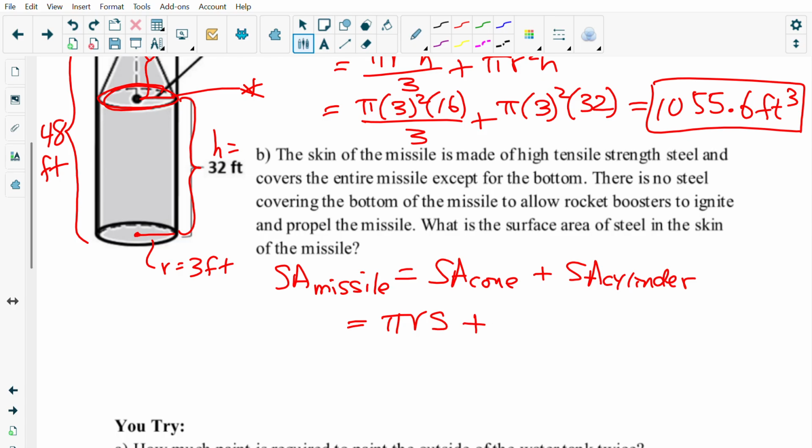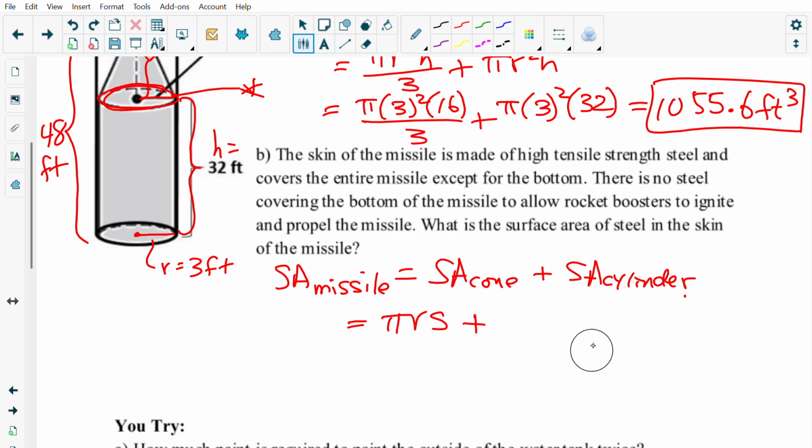And then the surface area of the cylinder. The top of the cylinder, same reason why we don't consider the bottom of the cone, we're not going to include that. Normally it's 2 pi r squared plus 2 pi r h. We're only considering the lateral surface of the cylinder. The bottom of the cylinder is not considered because it does not have high tensile strength steel, since there are boosters there.